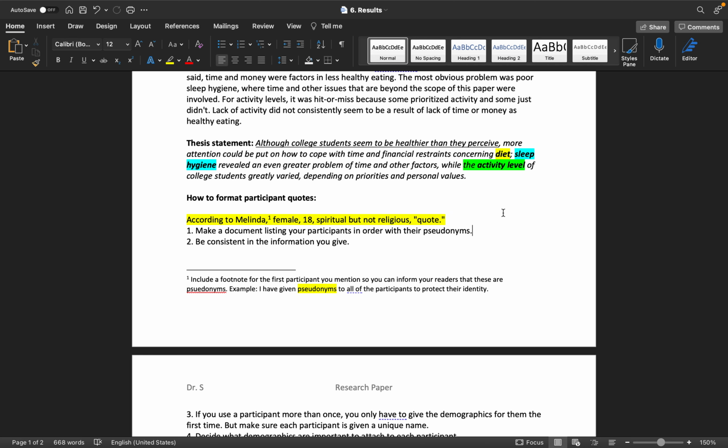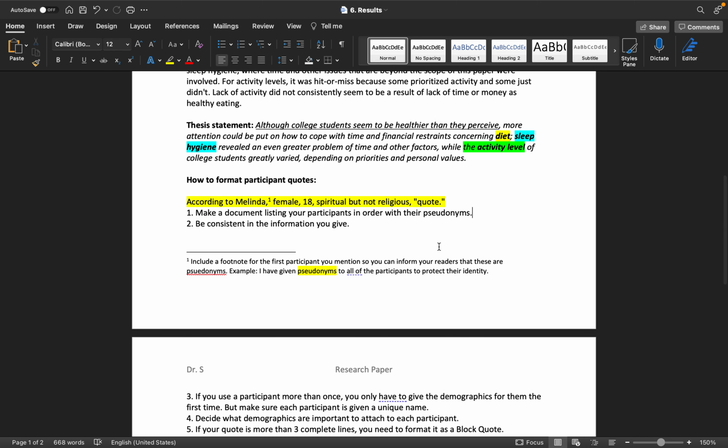And you don't have to give a parenthetical afterwards, because the only reason we give parentheticals in academic sources is that everybody can go back to the academic source to read it. But no one has access to your survey, so there's no need for you to give a reference.